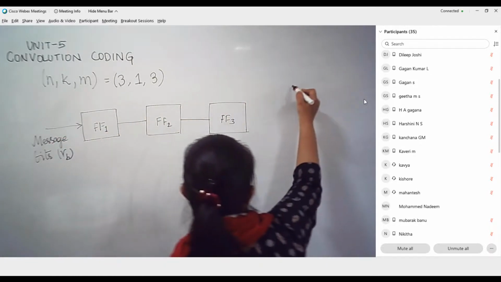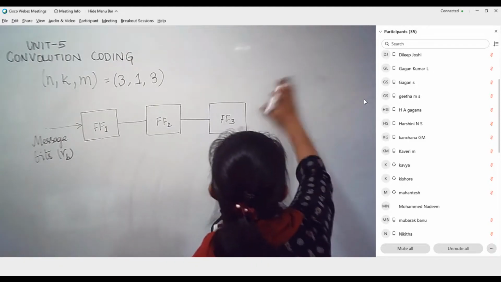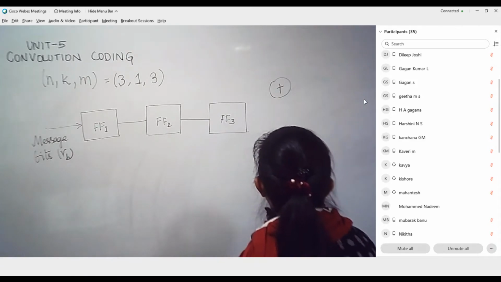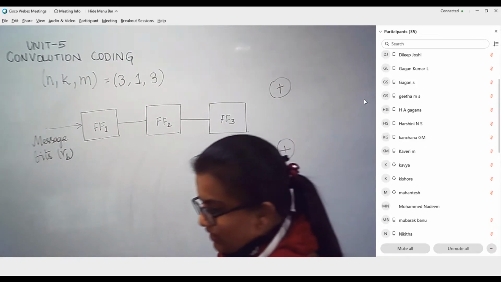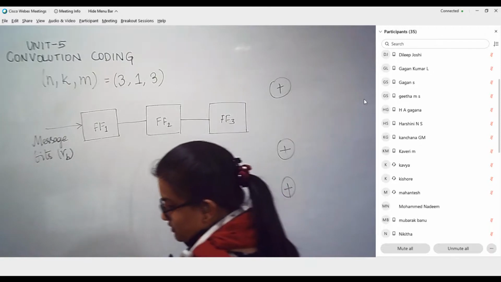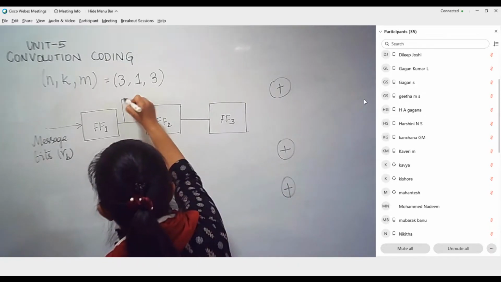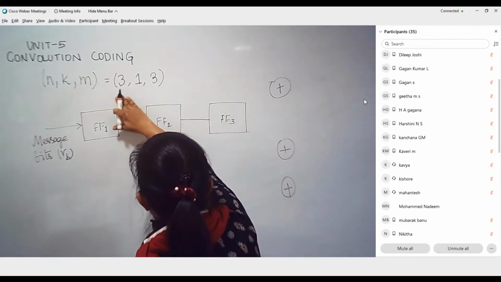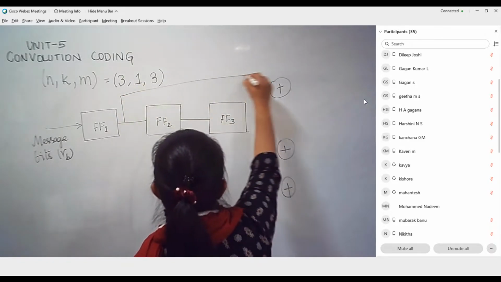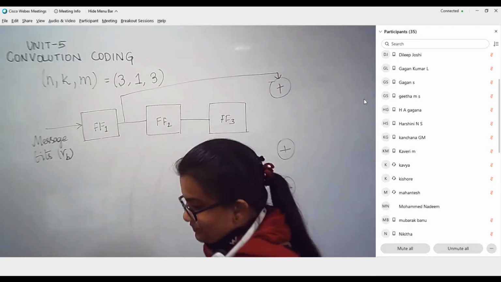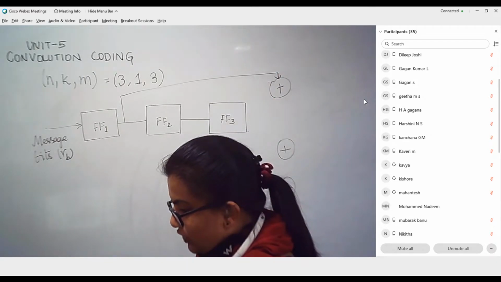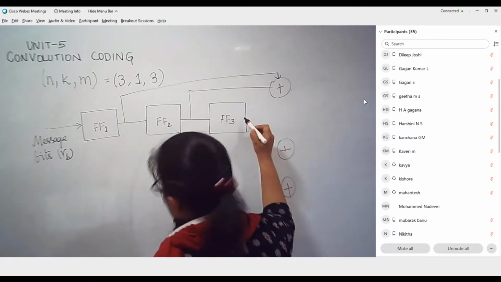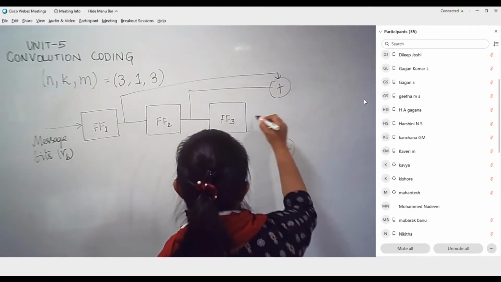The first encoder, I am going to write it over here. The first modulo 2 adder will consider the output from D1 and the output from D2 and the output from D3.